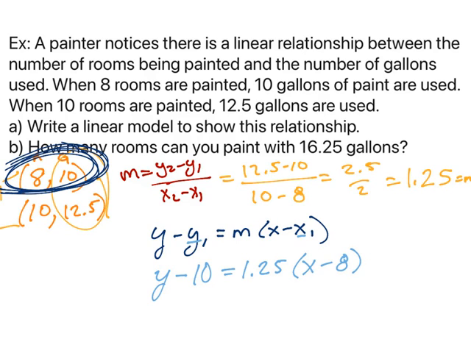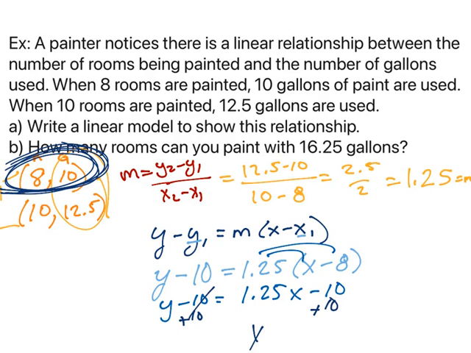Because remember, x1 and y1 are a point on my line. And we solve. So y minus 10 equals 1.25x, because I'm distributing, and 1.25 times 8 is 10, so minus 10. And now I'm going to add 10 to both sides. So y equals 1.25x. That's my linear model.